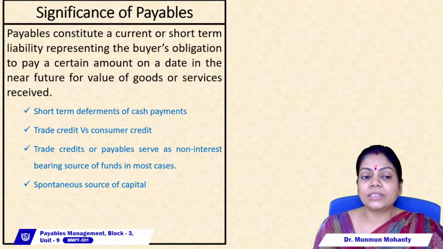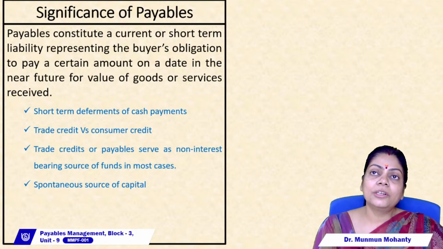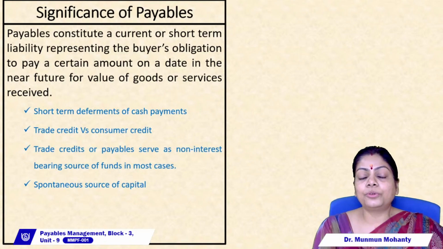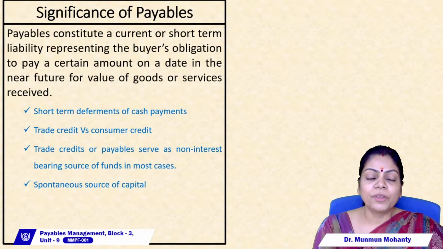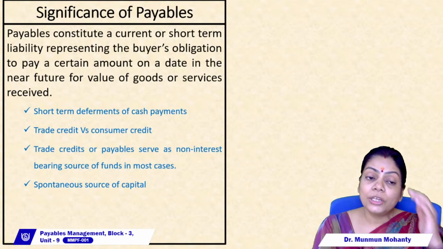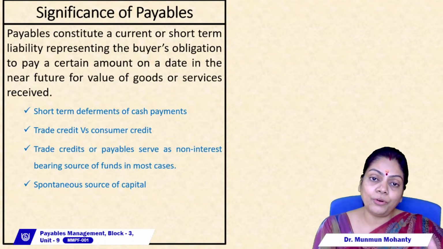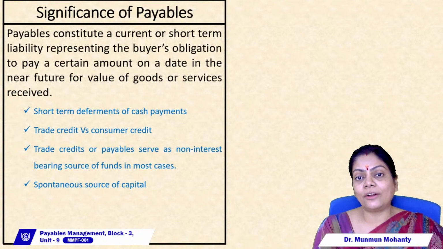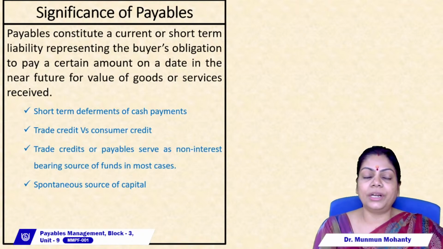For example, suppose I buy a piece of clothing for my own use, with a 10-day credit. That is a consumer credit, because I am going to consume the product and I am buying it from the seller of the product.